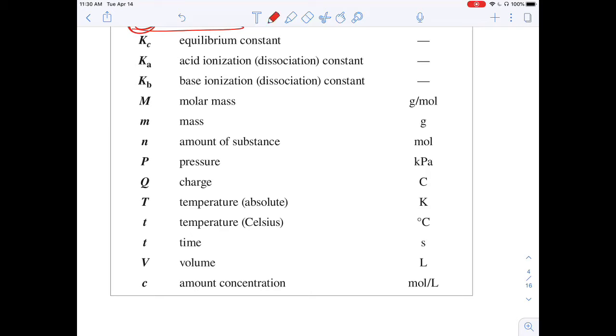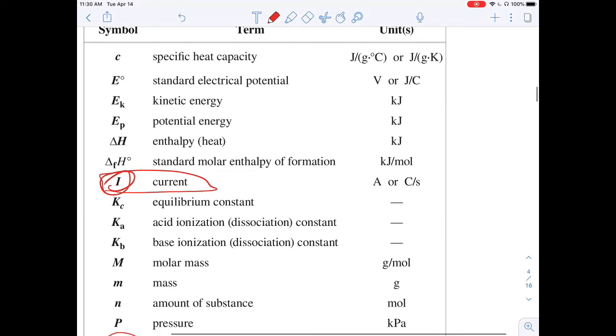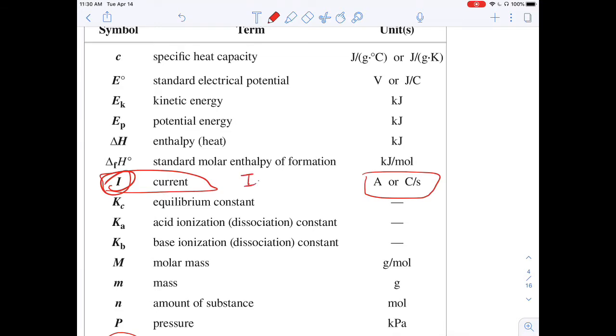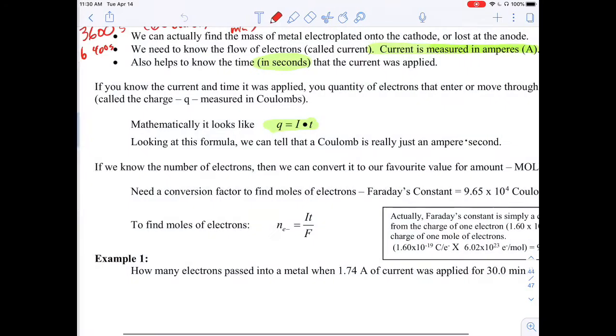We also have Q is the charge, right? So charge is in coulombs. But if I recognize that A is current, current equals the charge over the time. And if I rearrange that, Q equals IT. And that's our formula that we have in here.